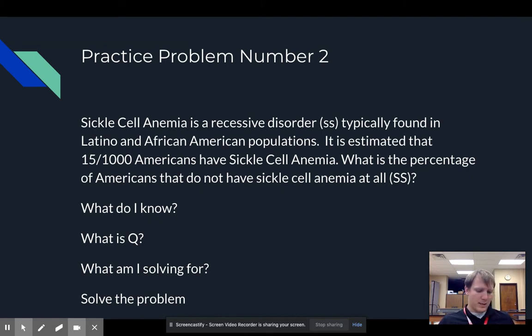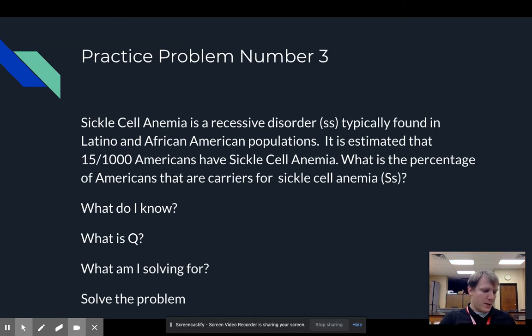So p squared equals 0.77, or 77%. Remember, I just solved p times p to get that answer.